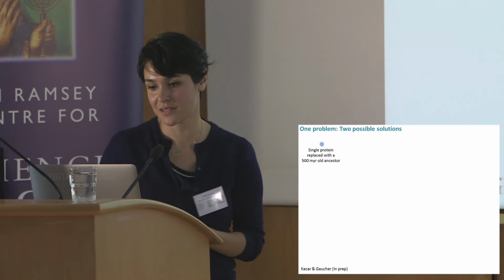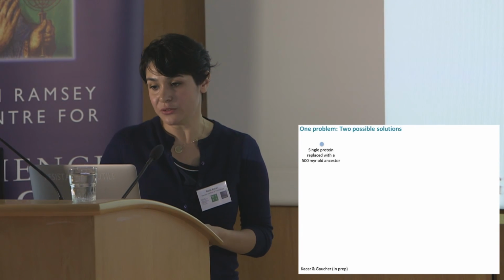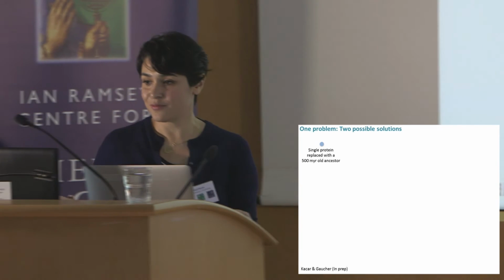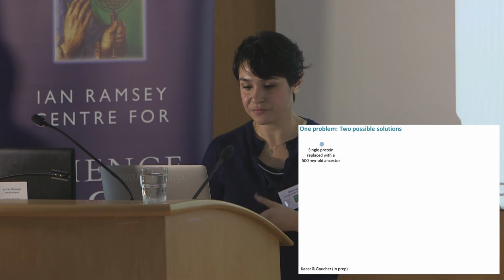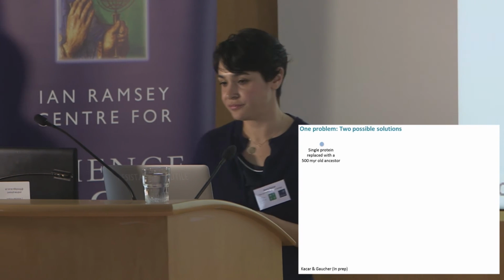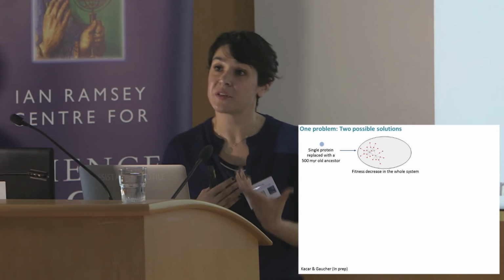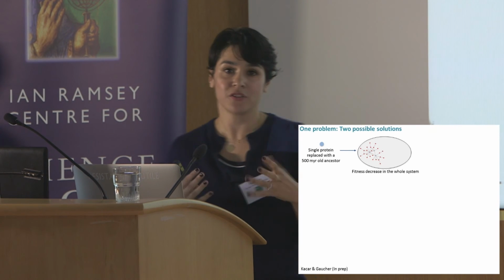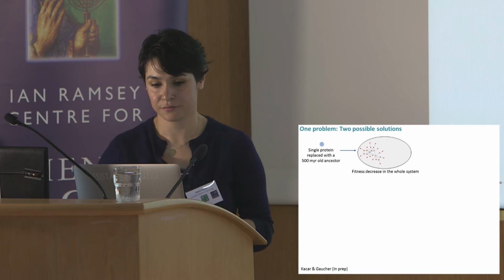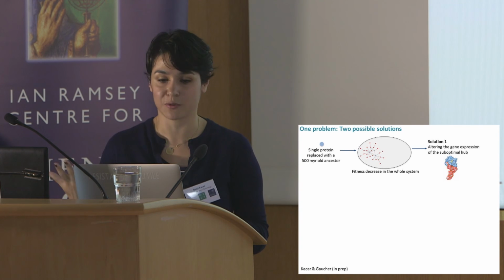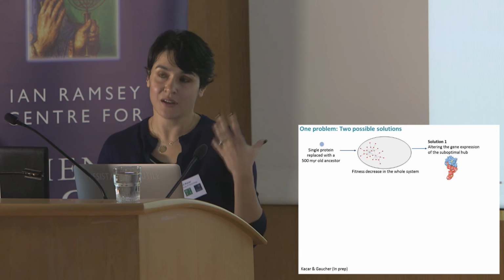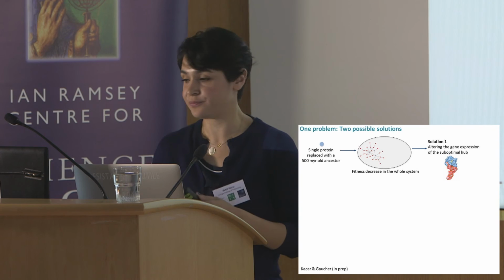So where does this leave us? We have one problem and two possible solutions so far. We have a single protein replaced with an ancestor, and this replacement leads the system to experience a fitness decrease. In solution number one, the system is producing more of the suboptimal protein to compensate for this fitness change.